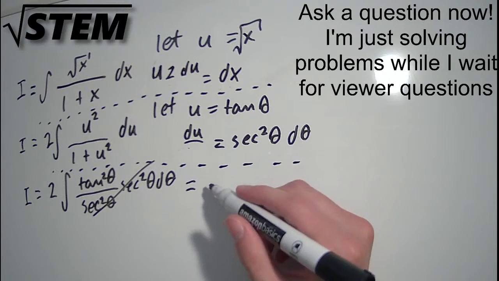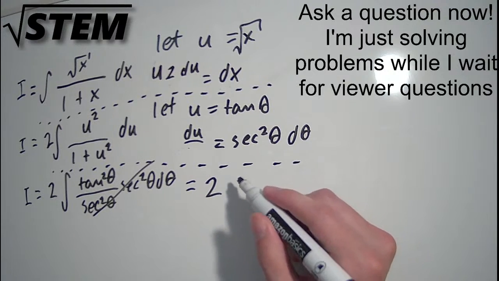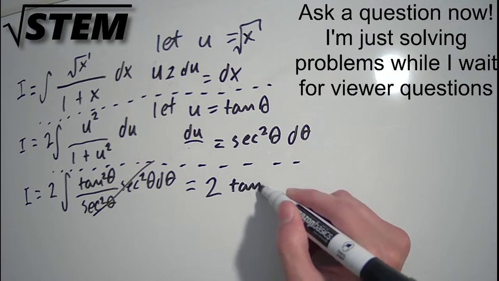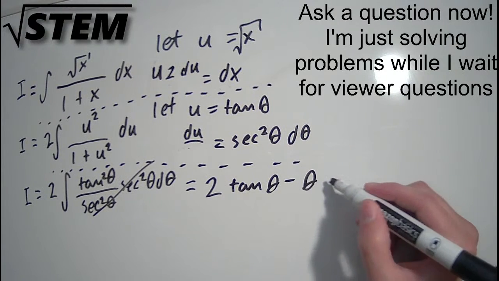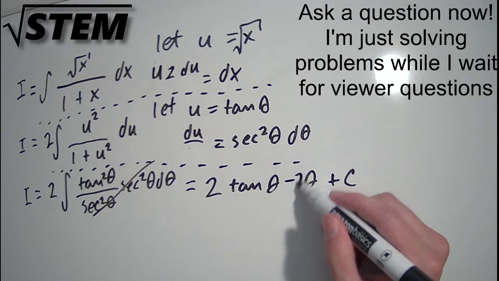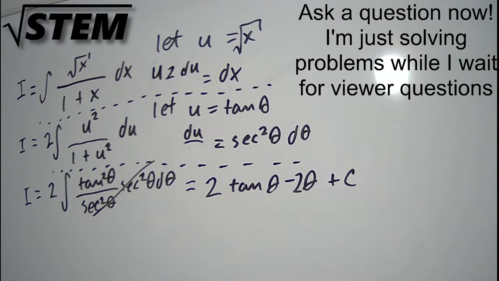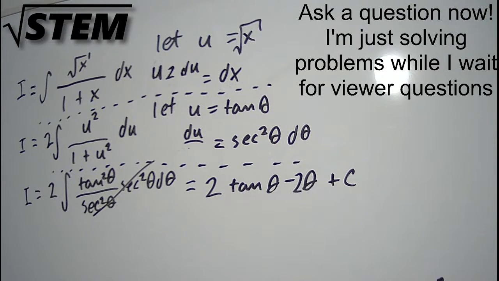So then that equals 2 times, what did I say? Tangent of theta minus theta plus c. There should be a 2 there as well, because it's 2 times tangent minus theta.